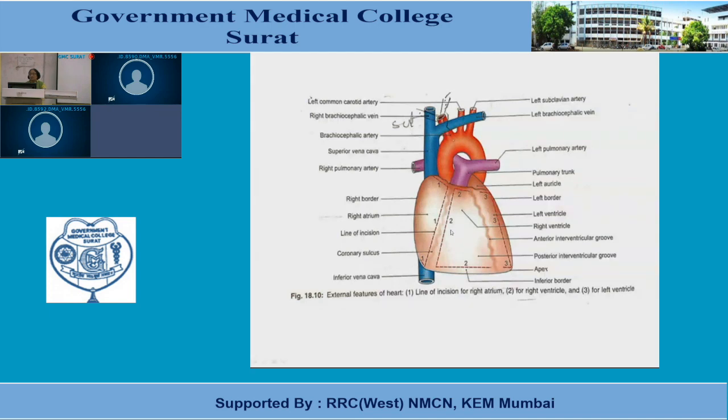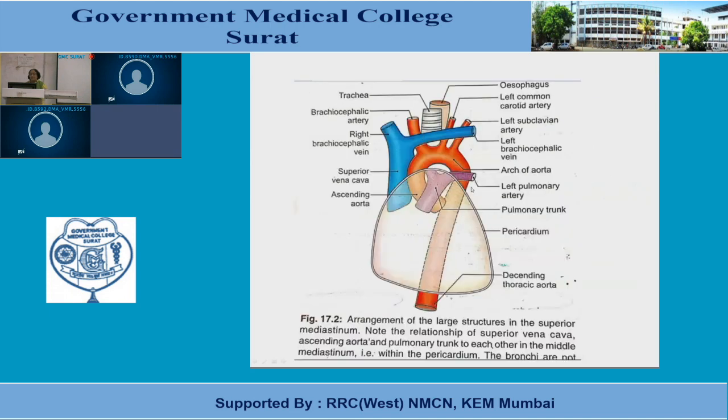So these are the chambers of the heart according to the diagram, and these are the great vessels at the upper border of the heart, which are in the pericardium. Again we can see here the aorta: the ascending aorta, then the arch of aorta and the descending aorta.